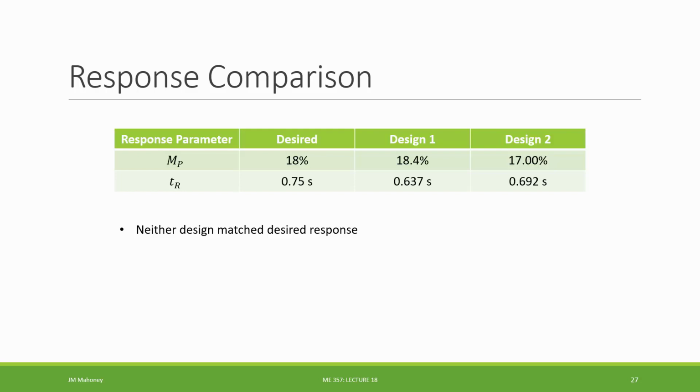So from here, I would probably want to use a different method in order to get closer to my desired response parameters. So maybe I want to start with the 3 gains I found with the root locus method and then try adding or subtracting a little bit of gain from each of them and seeing if I can get a little bit closer to what I want. But on the next slide, I'll talk about more refined methods to do that.